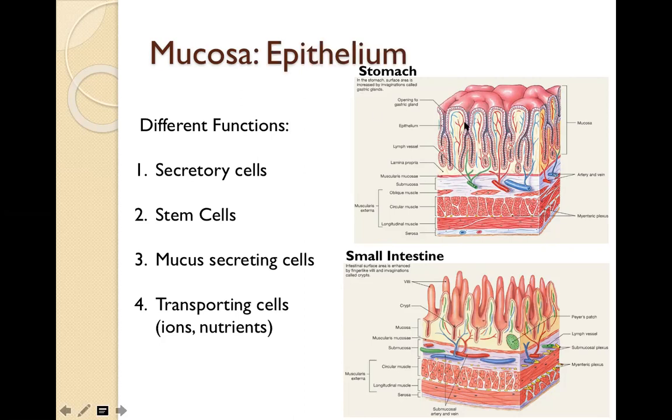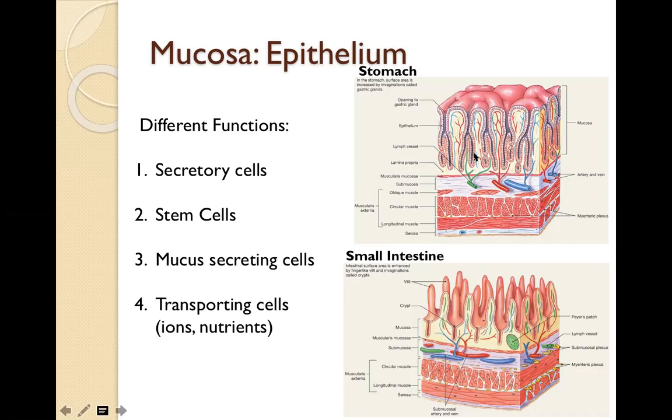So we'll talk a bit about the epithelium. The epithelium, or that single layer of cells of the mucosa, has a secretory function. A lot of these cells will secrete things. As you get deeper into these gastric glands, there are stem cells. These stem cells divide, and as they divide, they push the older cells up.